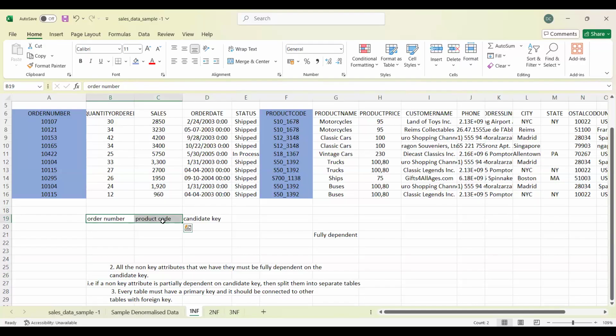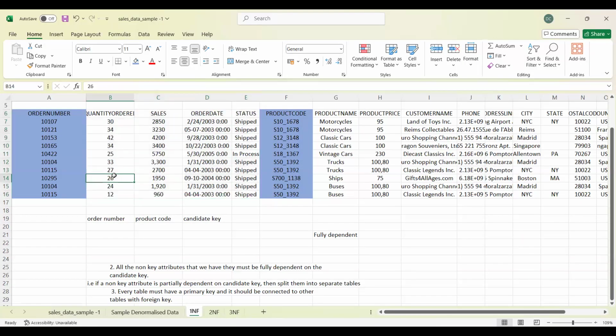Is that happening or not? Let's see, here we have some columns, that is quantity ordered, sales, order date and status. Basically, if we really think, all these columns are about the order number only. I mean, all these columns are about our order details only, right?